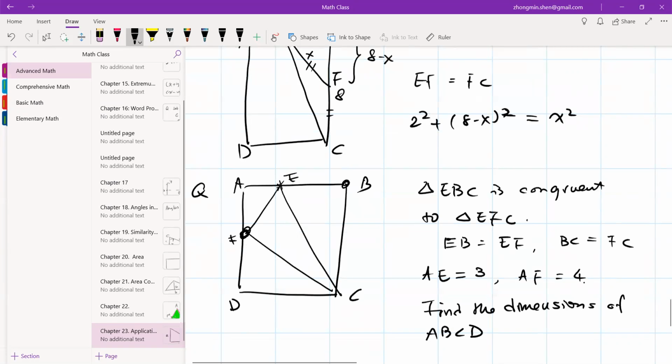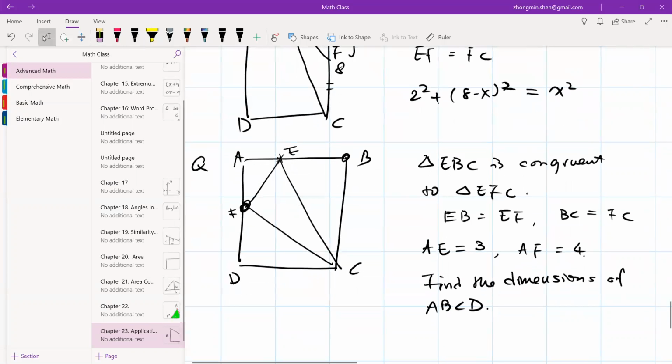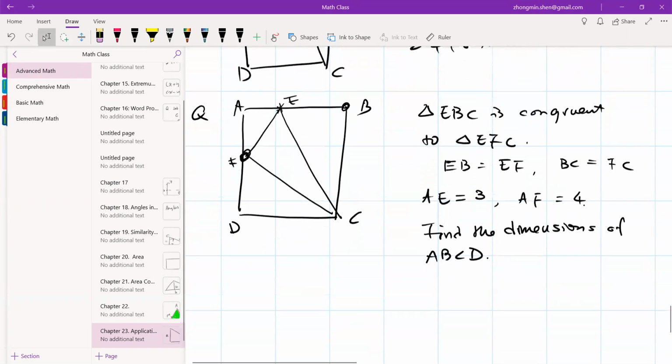So I want to figure out the sides of this rectangle. In other words, I have to find BC and find DC. What I have here is, this is a 3, this is a 4.